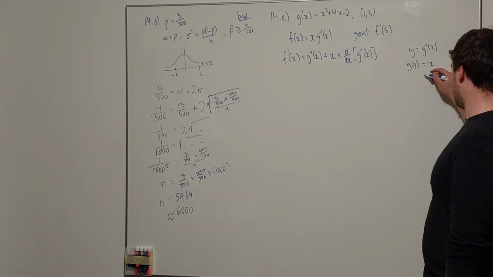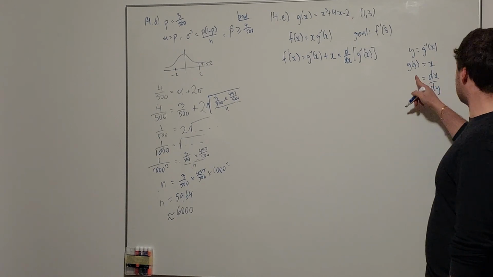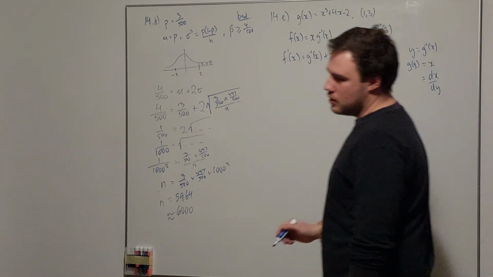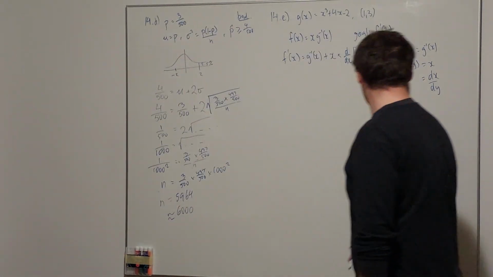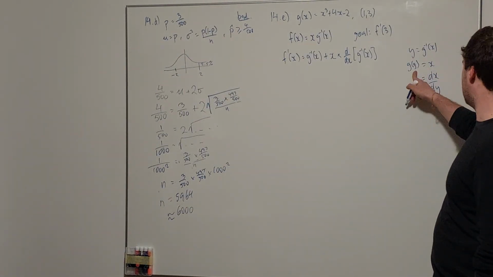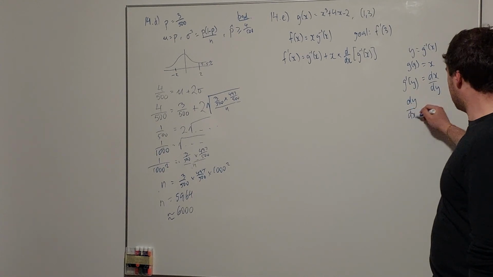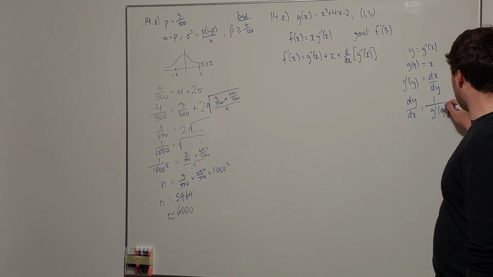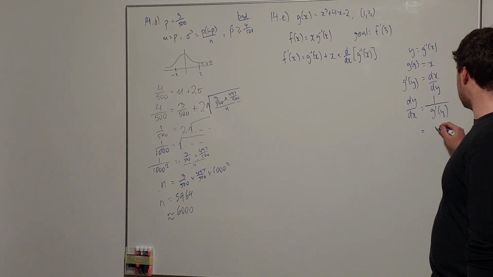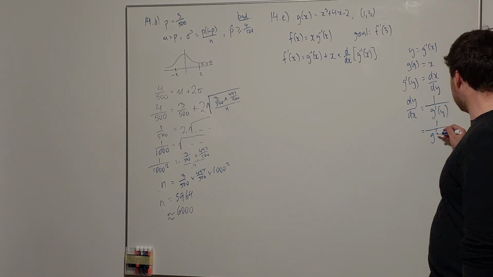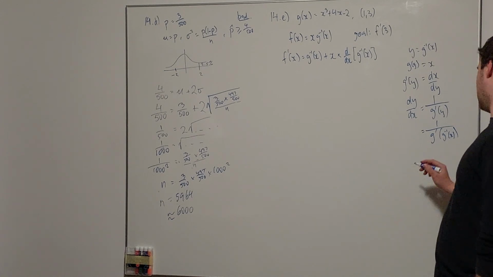I want to differentiate the right hand side. dx dy is going to be g dash of y, so dy dx is going to equal 1 on g dash y, and y was our expression for inverse of g, so dy dx is going to be 1 on g dash of inverse g of x.